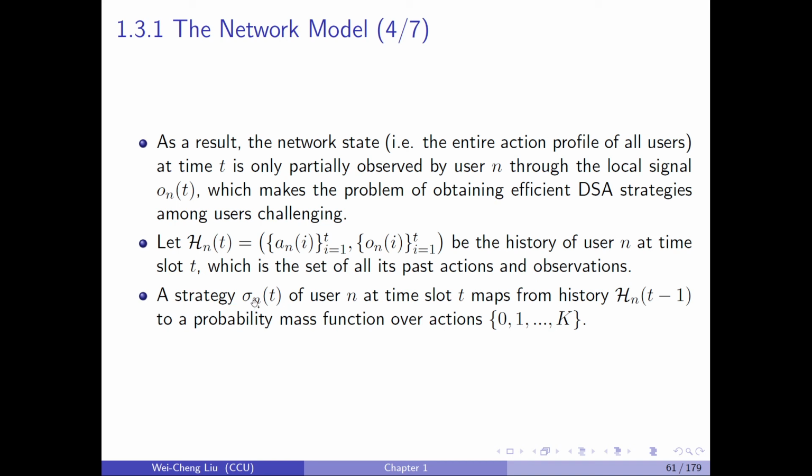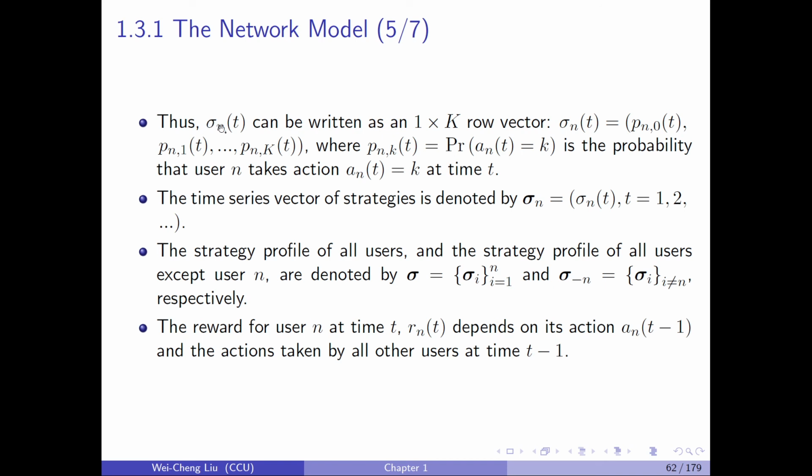A strategy sigma_n(t) of user n at time slot t maps from history H_n(t-1) to a probability mass function over actions 0, 1, ..., K. Thus, sigma_n(t) can be written as a 1 by K row vector: sigma_n(t) = [P_n0(t), P_n1(t), ..., P_nK(t)]. Strictly speaking, sigma_n(t) should be a 1 by K+1 row vector, because there is a 0 here.